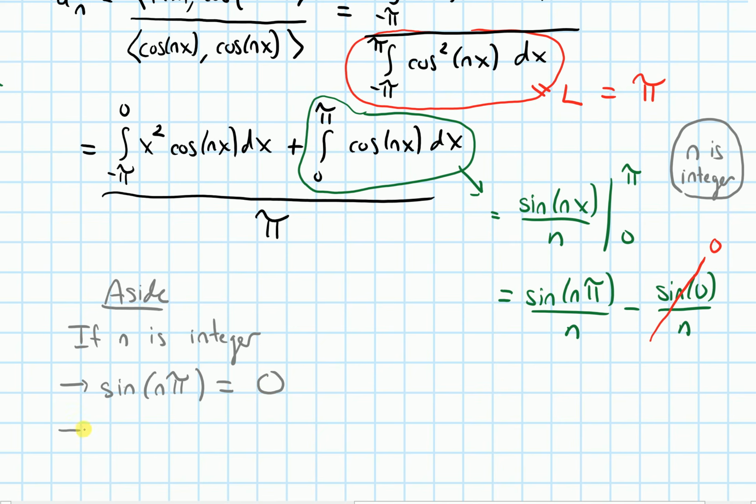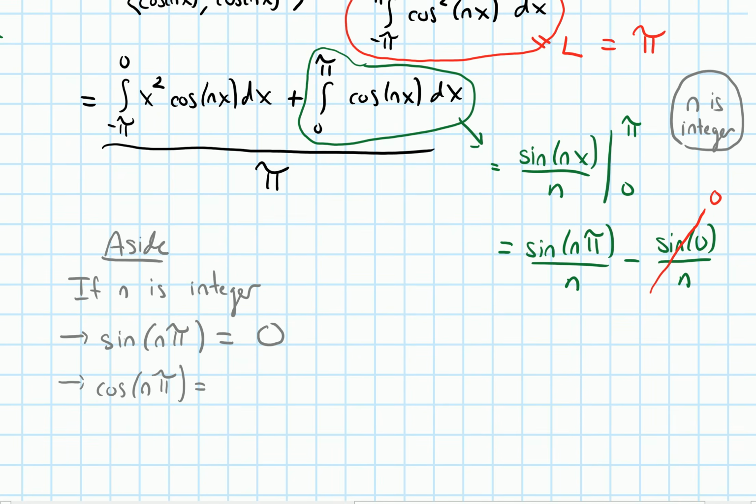All right. What about cosine of n pi? This is stuff like cosine of pi, cosine of 2 pi, cosine of 3 pi, even negative integer multiples of pi. For this one, there's two cases. If n is odd, that'll give us one answer. And if n is even, that'll give us another answer.